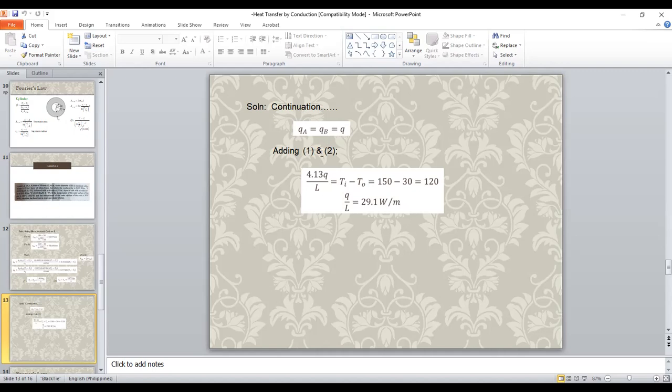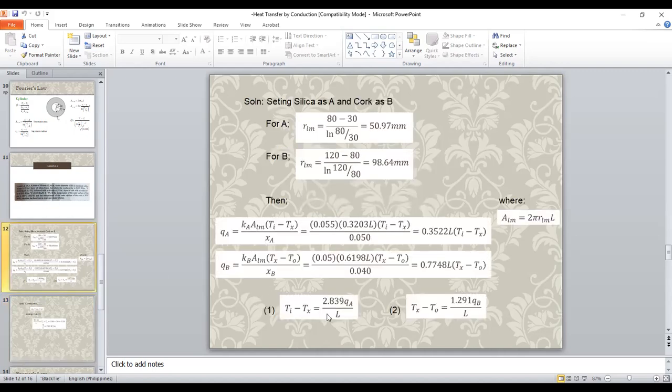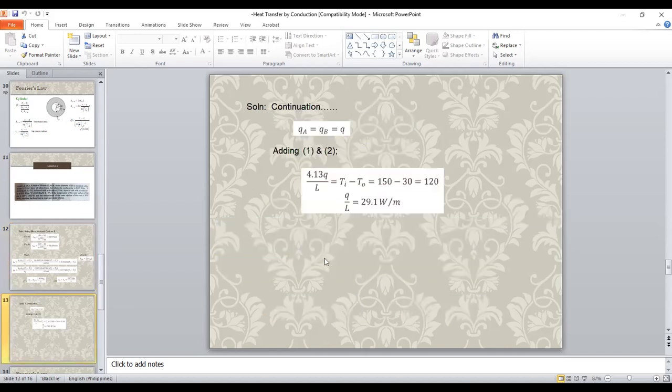Since QA and QB are equal, adding equations 1 and 2, you have 4.13 Q over L equal to T sub I minus T sub O.